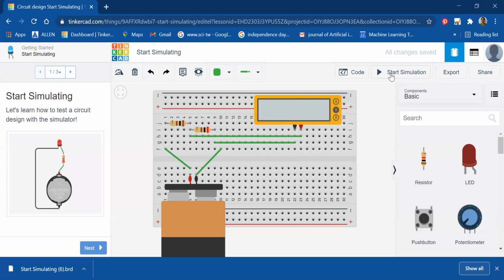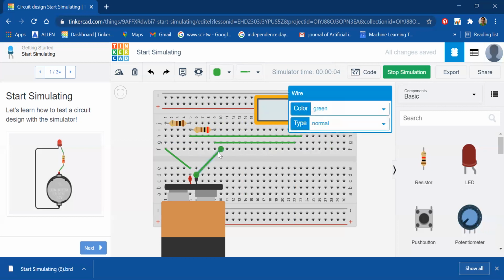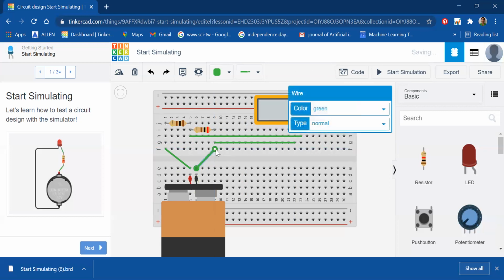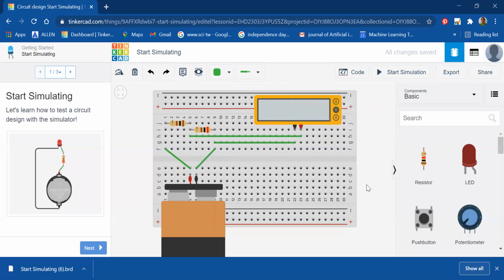Now I have to start the simulation again. This connection is to be changed, that is why it is coming out to be 0. From here, you have to put it to the last terminal, the 9th one. It was in the 10th, so that is why the value was coming out to be 0.